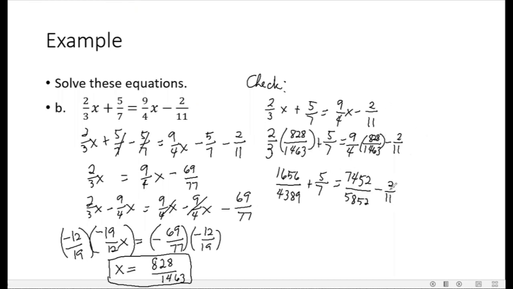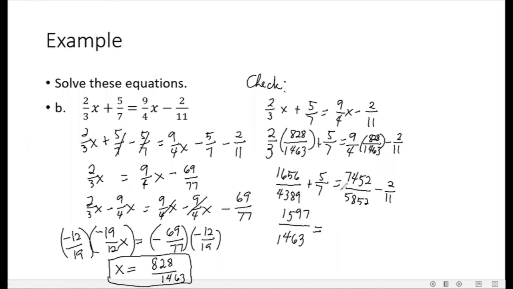Okay. Next, the left side first: 1,656 over 4,389 plus 5 over 7. We have 1,597 over 1,463 for the left side.